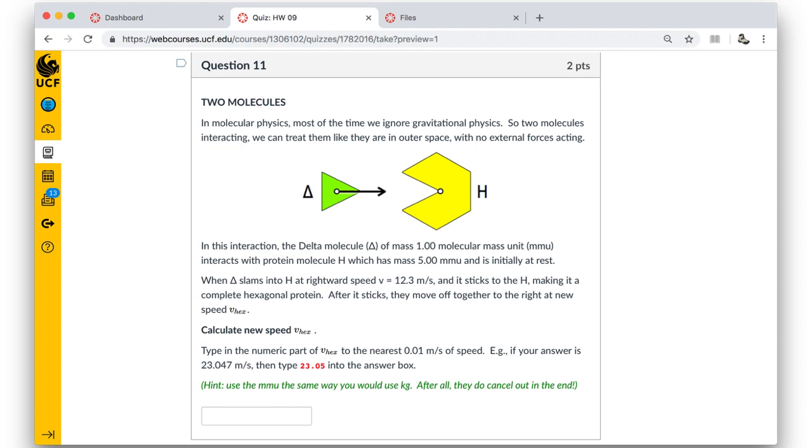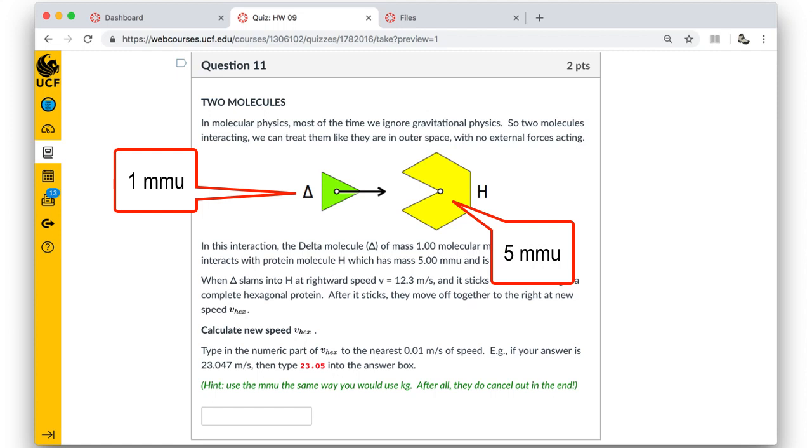That's not really what molecules look like, but molecules do interact, and so we're going to study this one now. They each have an integral multiple of the mass unit, what I call the molecular mass unit. So let's say the green delta molecule has exactly one molecular mass unit. Now we're going to use that as if it were a kilogram. Molecules are definitely not that big. They're much, much smaller in mass than a kilogram.